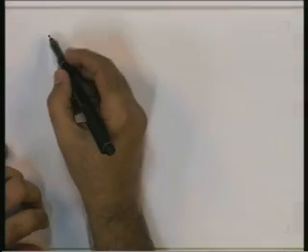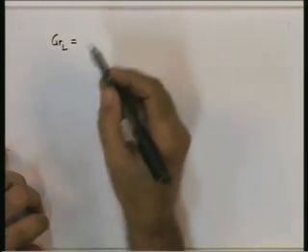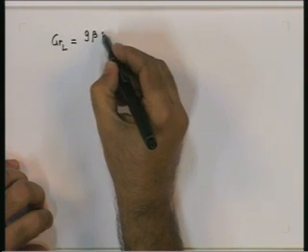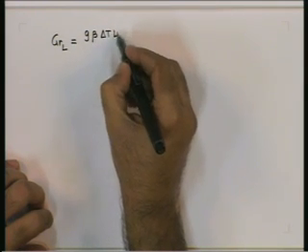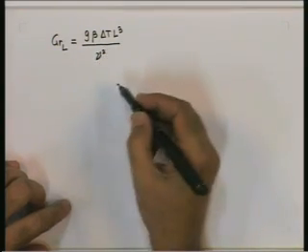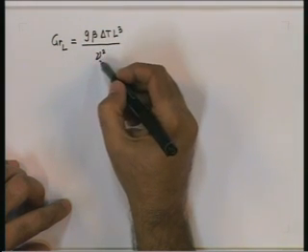With all the properties computed, we will calculate the Grashof number based on the vertical extent L: g beta delta T L cube by nu squared. We know L, we have determined beta and nu.